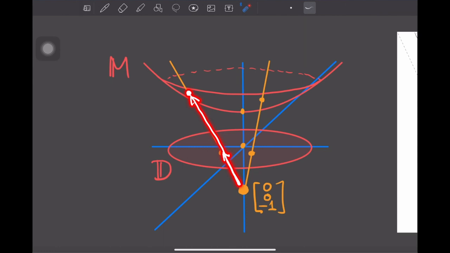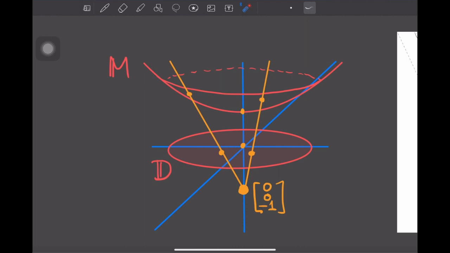You find which parameter gives the correct multiple, so the formula for this point is forced, and then you check that it really is in the hyperboloid.